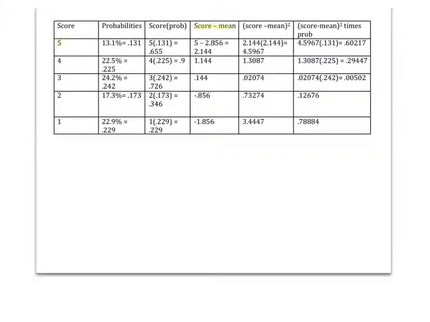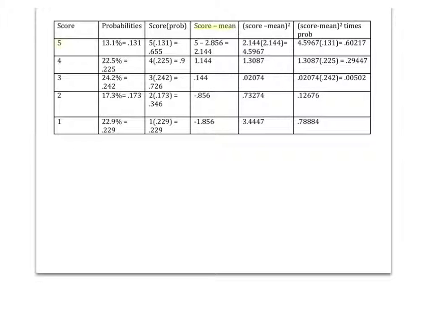The first column that I have added is this score minus mean column. This is where I've taken each score, 5, 4, 3, 2, 1, and I have subtracted the mean that we found earlier, which was 2.856. So in my first row I have 5 minus the mean, which gives 2.144. Then 4 minus 2.856 gives 1.144.